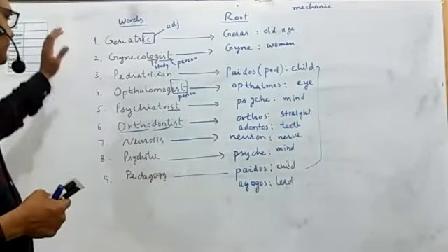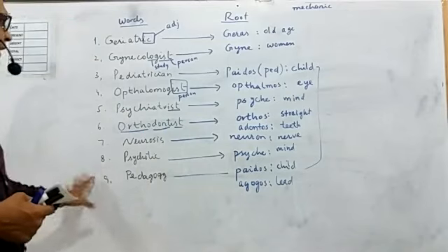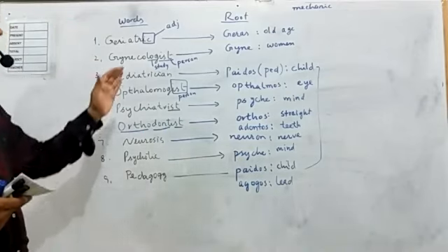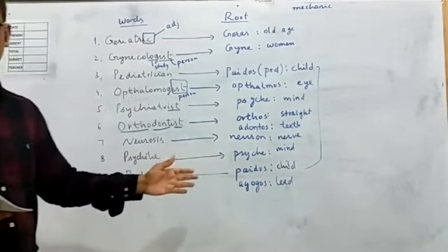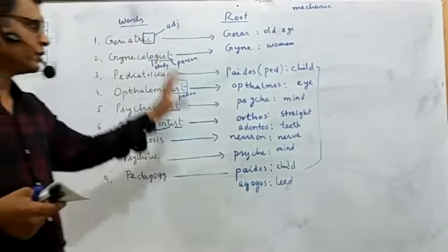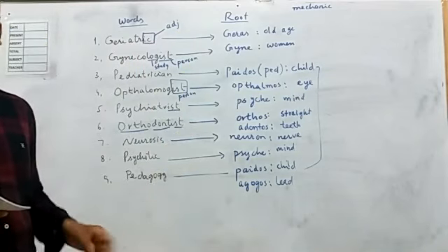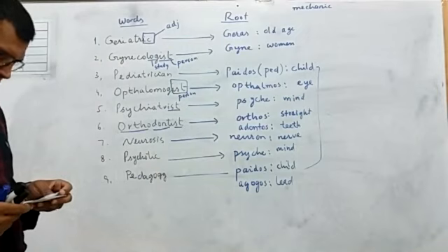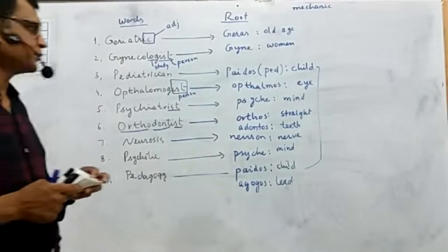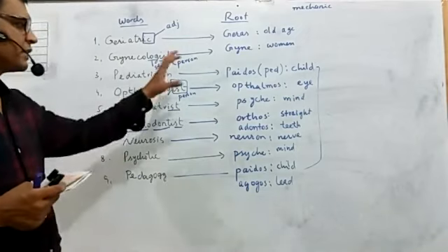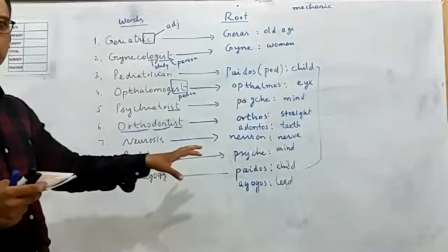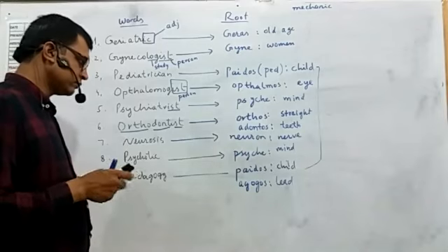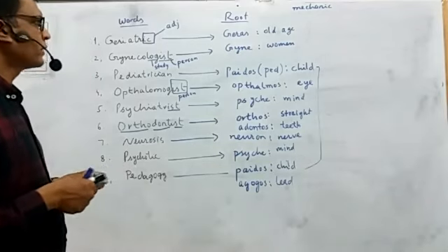Now, we have these nine words, and all these nine words are with certain roots. If we know these roots, it becomes easy for us to understand and use these words. Also, if the same roots are used at some other place, we can understand those words as well.